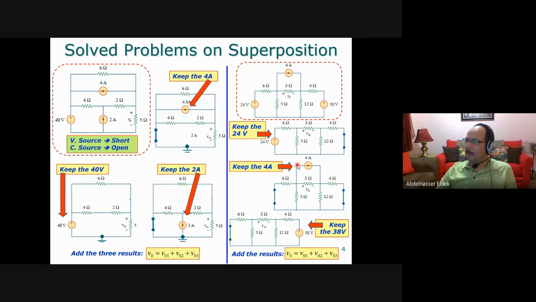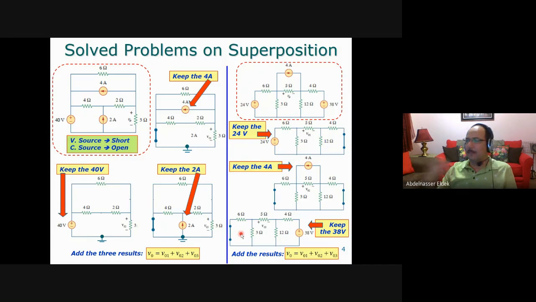If you keep the 4 ampere source, here it is, you turn off the voltage sources, so the 24 volt source and the 38 volt source are short circuit. Same for the 38 volt. If you keep the 38 volt only, then you turn off the current source, 4 ampere is gone, you remove it, and you turn off the 24 volt, short circuit.